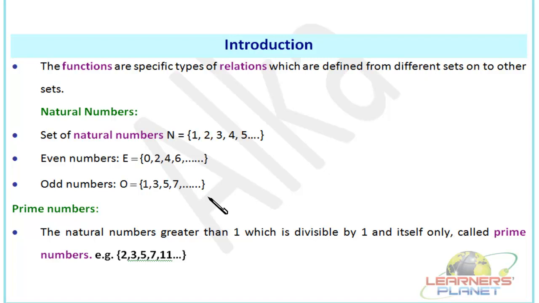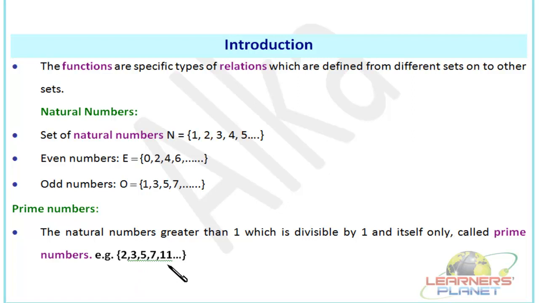After that, prime numbers. What are prime numbers? The natural numbers greater than 1 which are divisible only by 1 and itself are called prime numbers. That means a number is known to be a prime number if it doesn't have any other factor except 1 and itself.